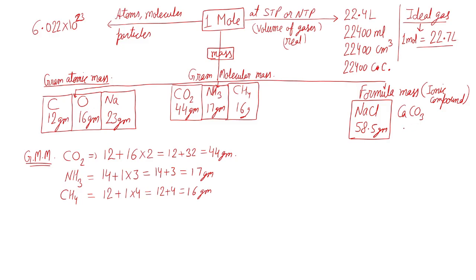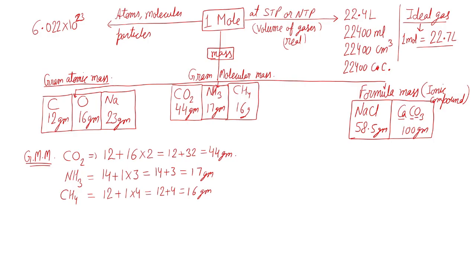CaCO3 is 100 because of 40 plus 12 plus 16 into 3, so it will come to 100 gram. So this is the basic concept of 1 mole.